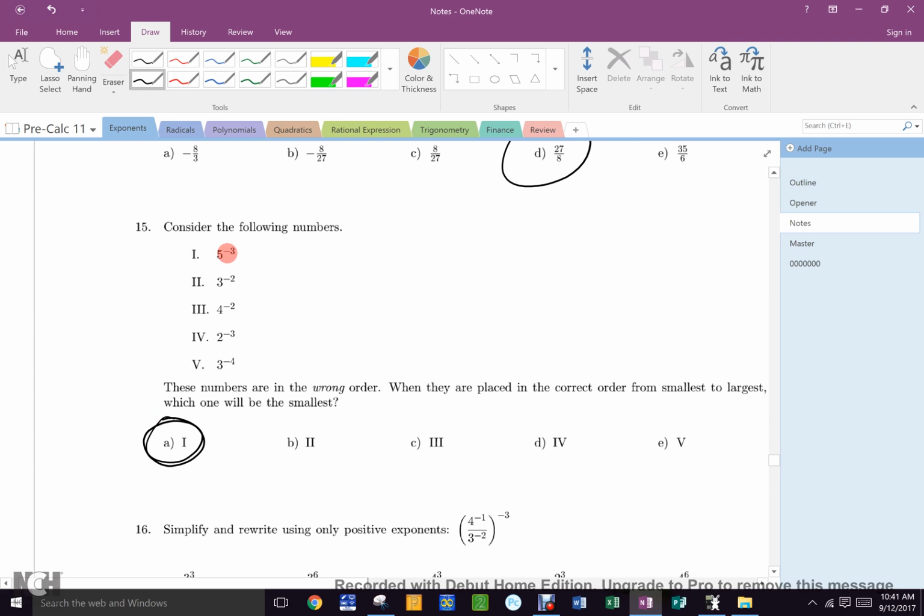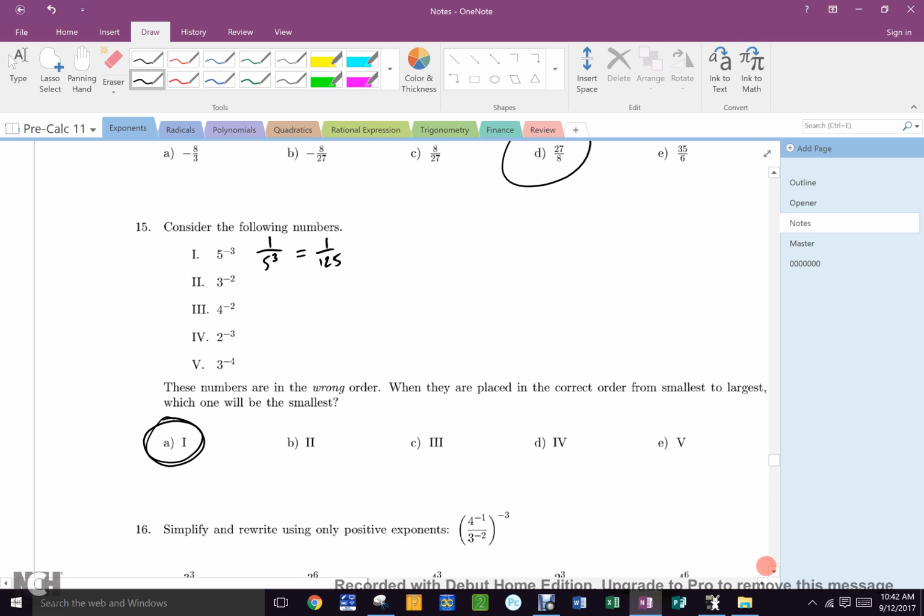Okay. A negative exponent does what? It becomes 1 over 5 to the third, right? That's 1/125th. That's a pretty tiny fraction. Right?